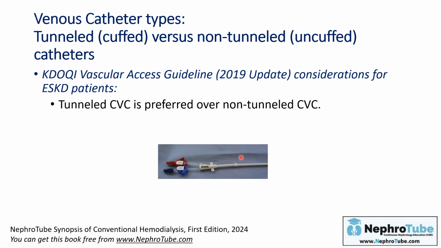This cuff provokes a local inflammatory state in the tunnel of the catheter, which will cause fibrosis and inflammation, making the catheter more fixed in the tunnel and preventing migration of bacteria from the skin into the subcutaneous tunnel, with lower risk of infection.